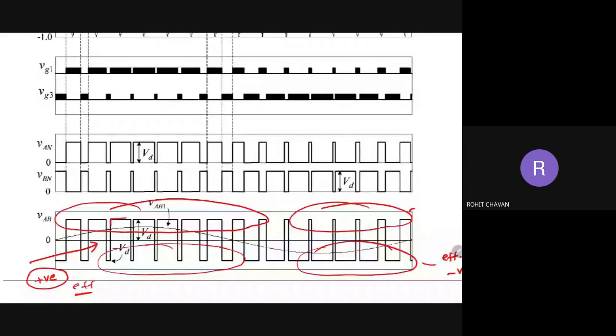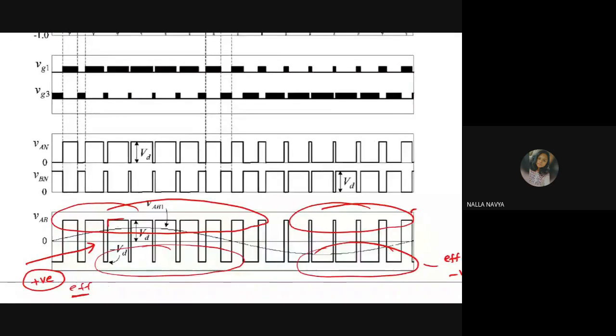Sir, I have a query. Why are we getting the wider pulse on the other side? Go ahead. See here, from these waveforms only we are getting this.